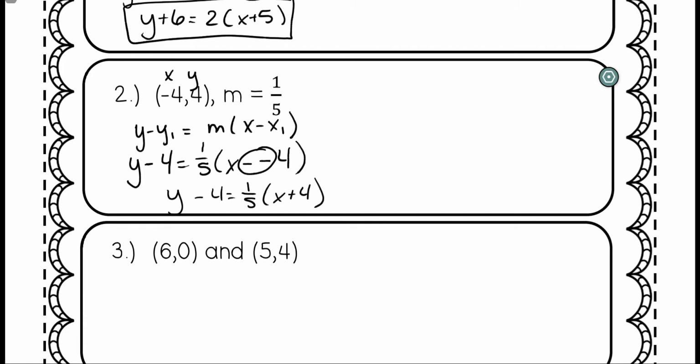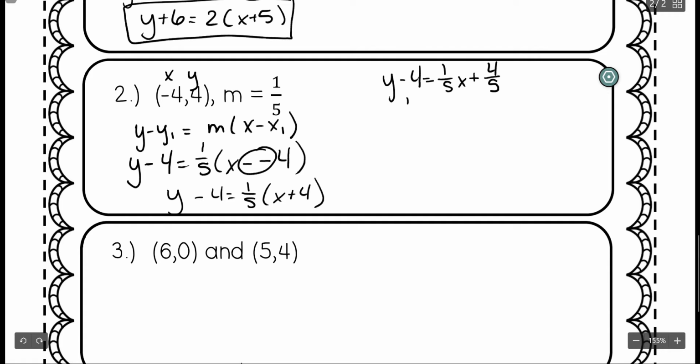Okay, we will eventually need to take this form and change it back into slope-intercept form, so I'm going to show you that with this one. To get in slope-intercept form, the first thing we have to do is distribute this 1/5 in. So y minus 4 is equal to 1/5 x plus 1/5 times 4 is 4/5. Okay, we're really close. We almost have y by itself. We have our slope with our x.